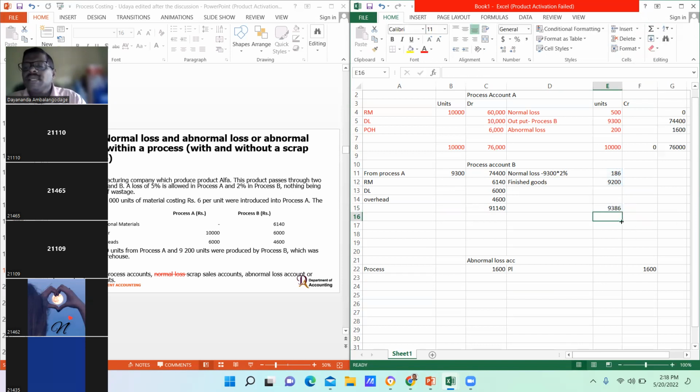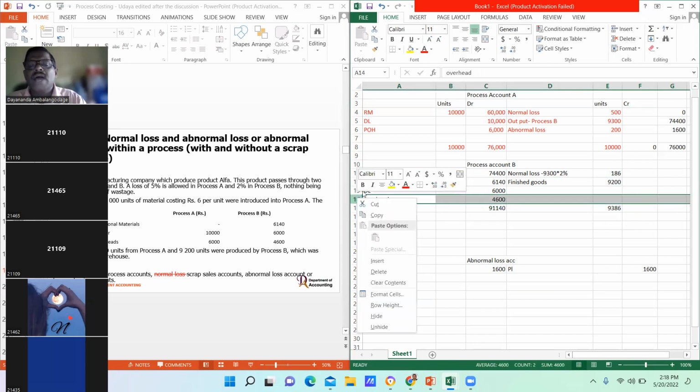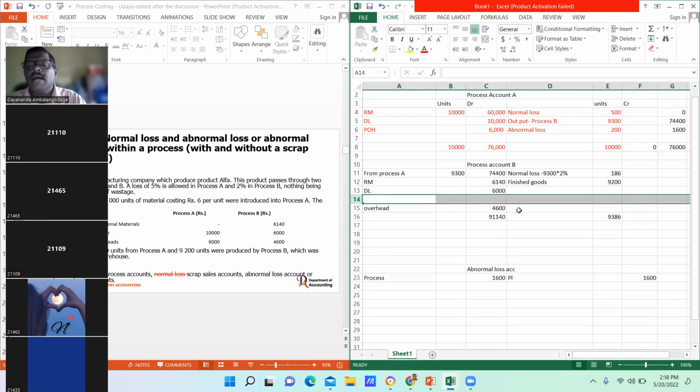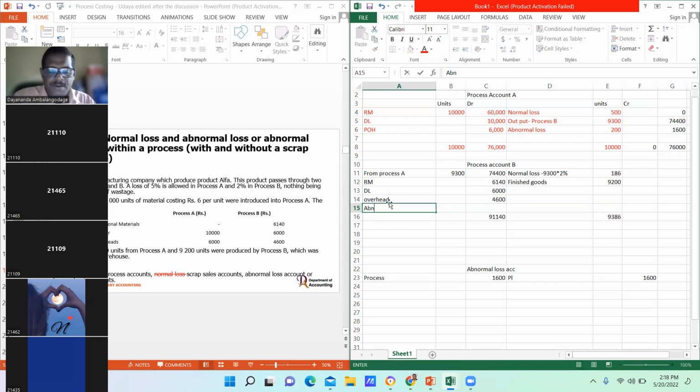Total here is 9,386, which is more than 9,300, which you introduced. So what happened here is you have an abnormal gain. How much abnormal gain?